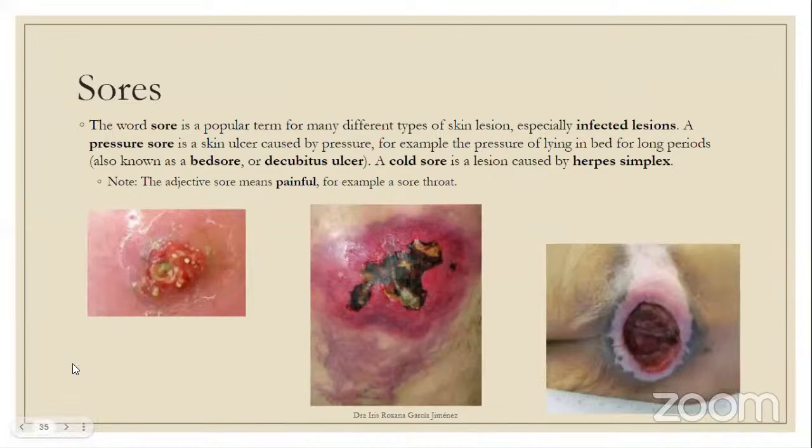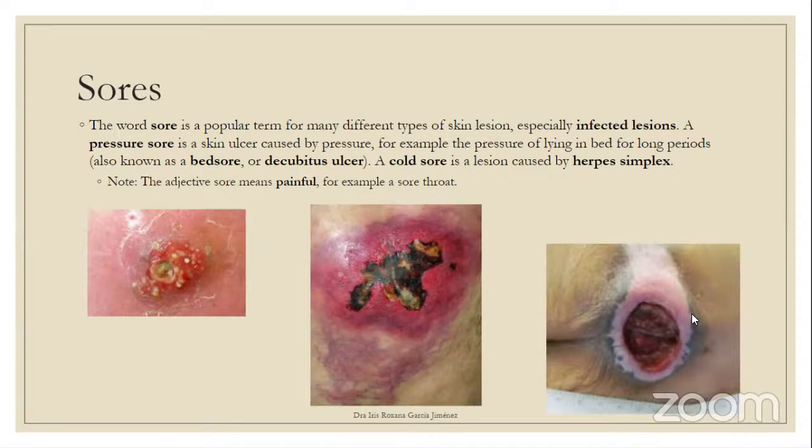Let's talk about sores. Sores, of course, are a skin lesion that we all had a chance to check. The word sore is a popular term for many different types of skin lesions, especially infected lesions. A pressure sore is a skin ulcer caused by pressure, for example, pressure of lying in bed for long periods.